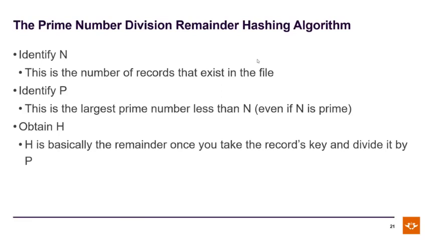I'm specifically looking at the remainder of a prime number. It's divisible by itself and 1. Only two factors. It is not divisible by any other number. That is the specific term we're looking for.